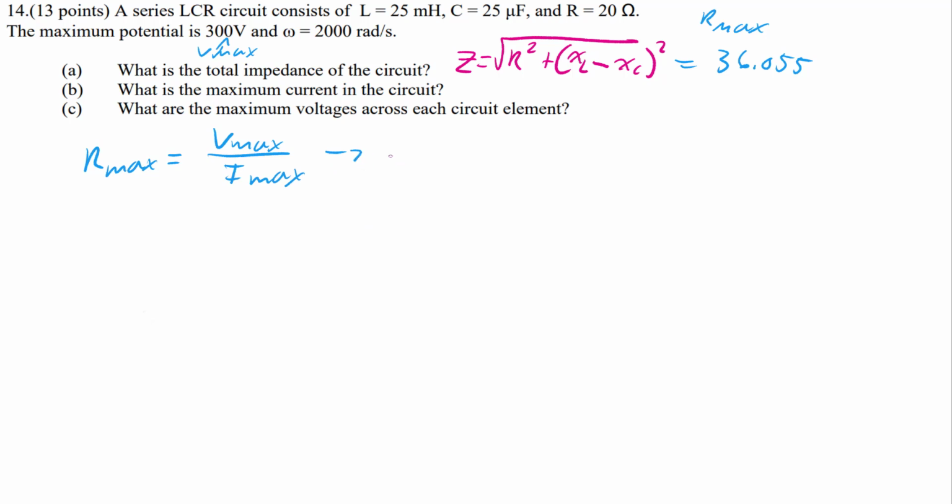So if we want to solve for I max, then we would have V max divided by Z max.